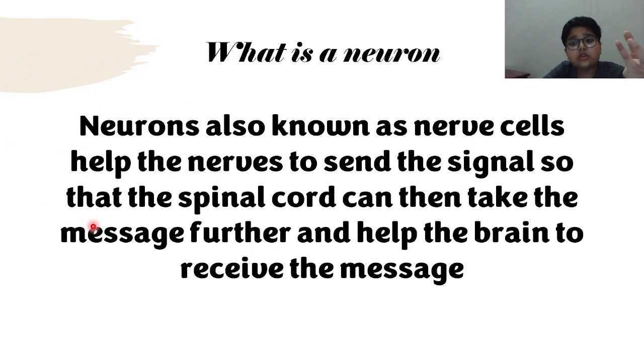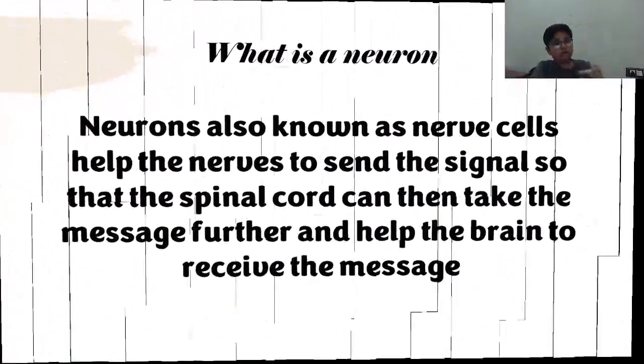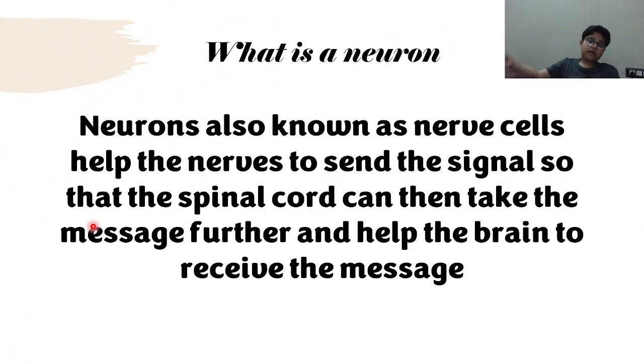Neurons are also known as nerve cells, which help the nerves to send the signal, so that the spinal cord can then take the message further and help the brain to receive the message. Got it? Neurons are not the nerves.